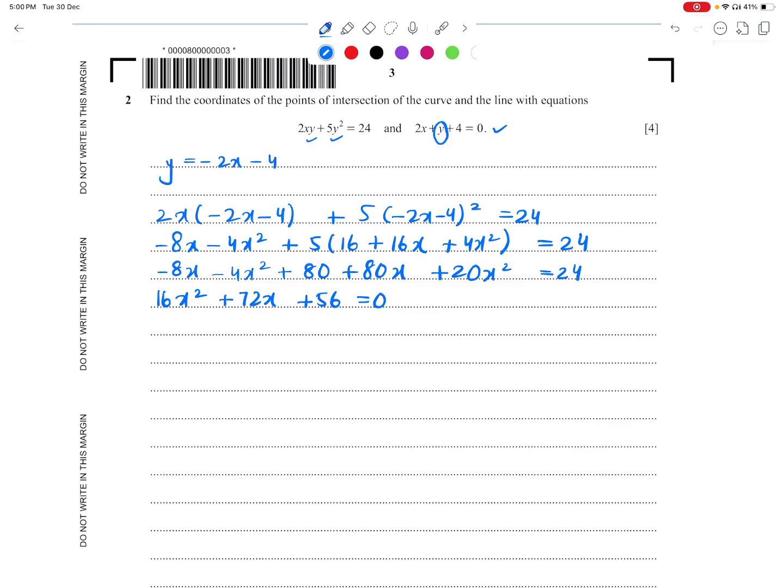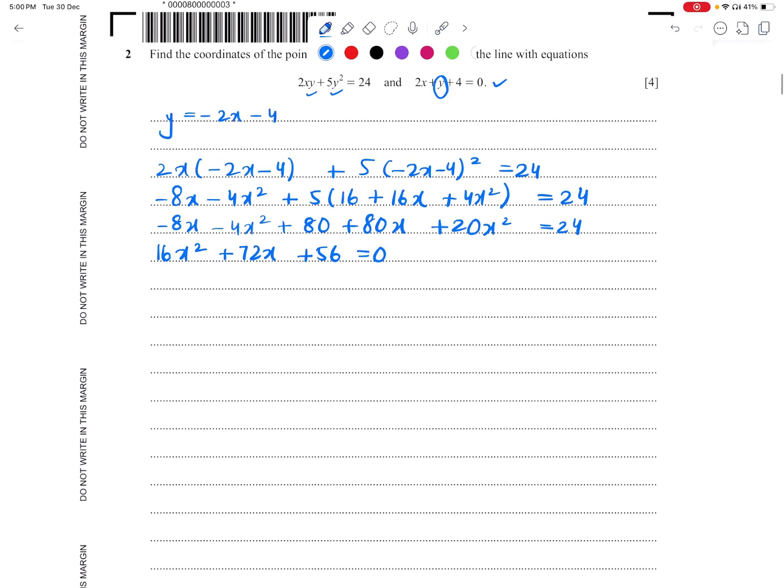Now remember one thing, it is true that you can solve this equation directly by putting it into your calculator, but you cannot do that. You have to show the quadratic formula steps in your answer, otherwise you will not get the marks. So I'll say A is equal to 16, B is equal to 72, and C is equal to 56. Using the basic quadratic formula, I'll plug everything in.